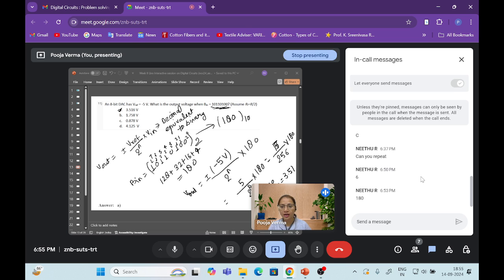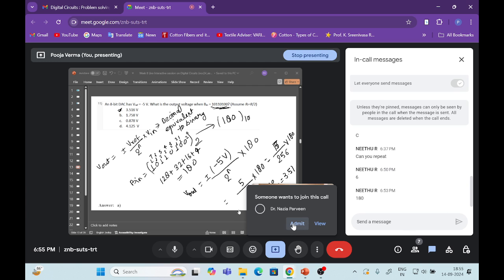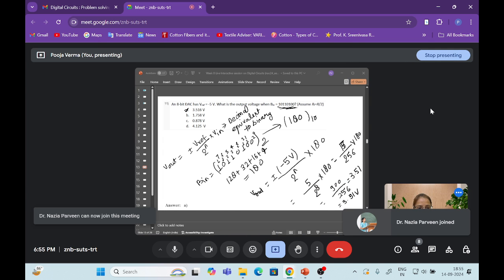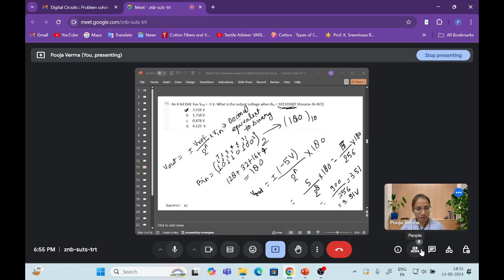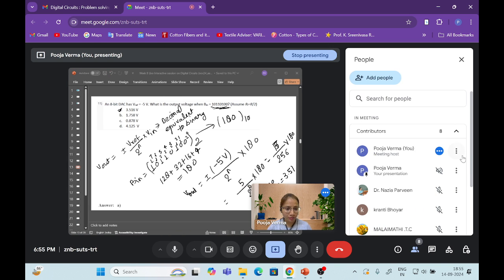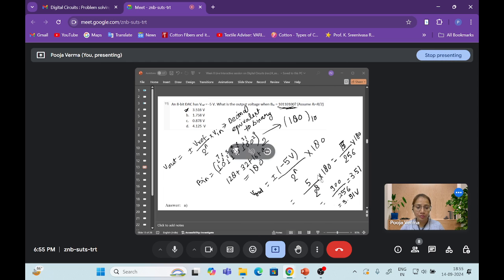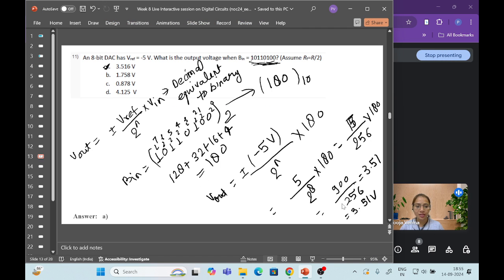I also suggest you please check with another type; I have given you the other way of solving this type of problem. You can divide and check whether 900 divided by 256 is equal to 3.51 or not.